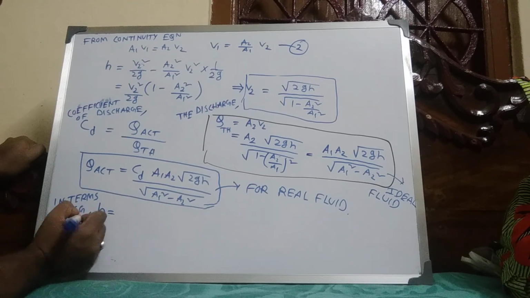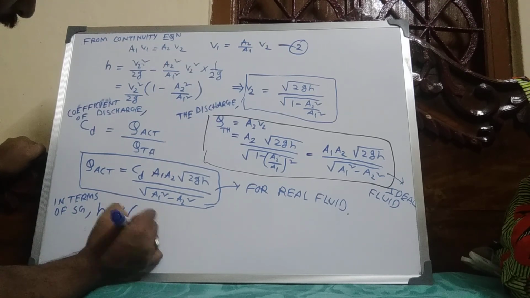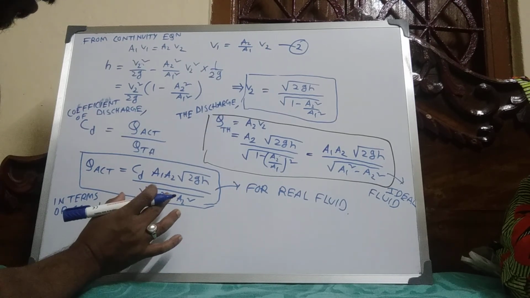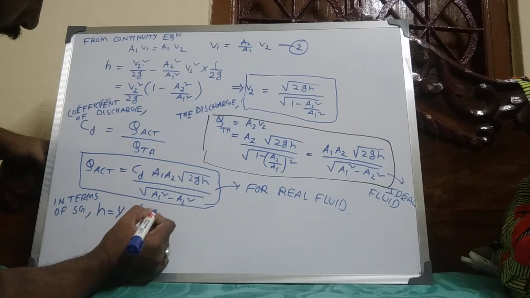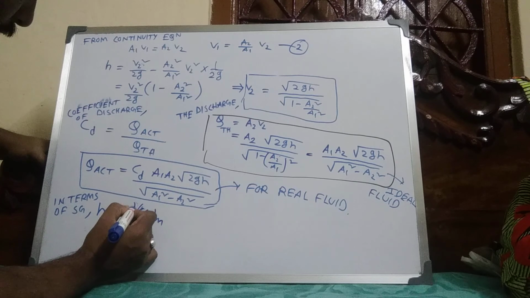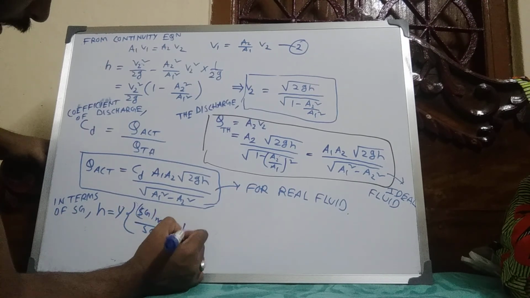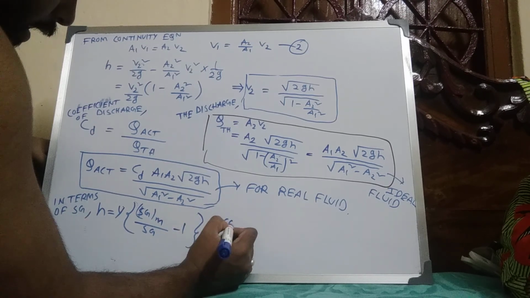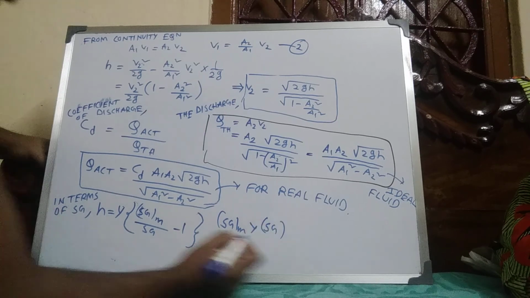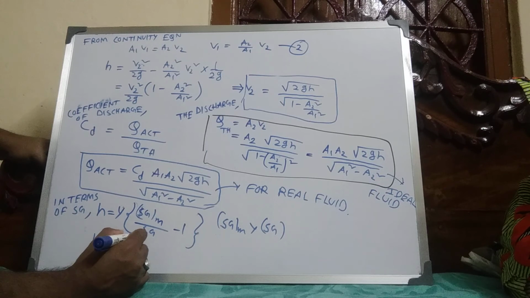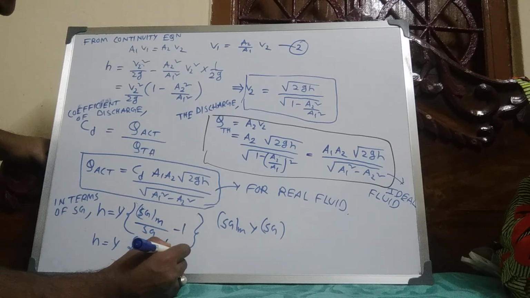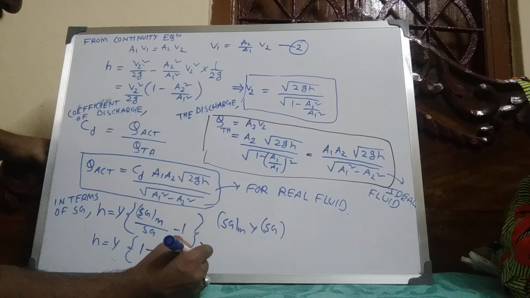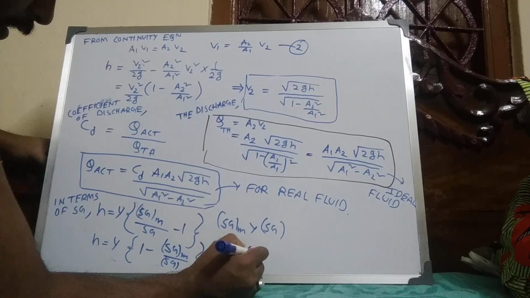And the h value in terms of specific gravity Sg: y into (Sgm by Sg minus 1) when Sgm is greater than Sg, where y is the difference of the manometric fluid column, and y into (1 minus Sgm by Sg) when Sg is greater than Sgm.